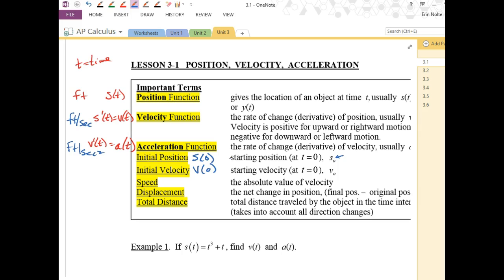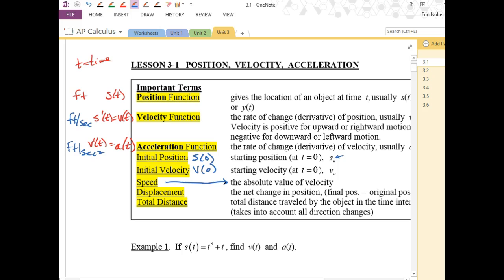In my example, if I throw a ball up into the air, it's going to have a positive velocity when it's going upward, and a negative velocity when it's going downward. Whereas speed will always be a positive number, so it's simply the absolute value of that.